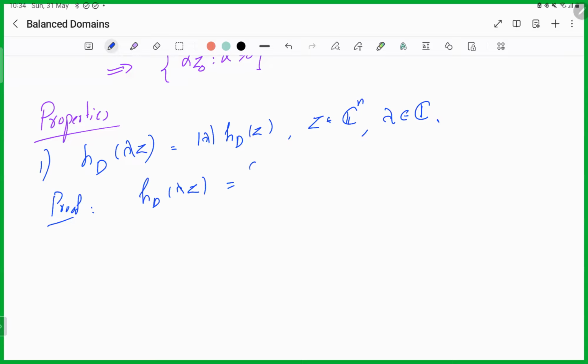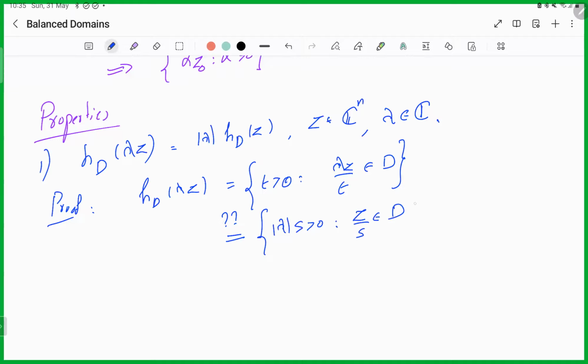H_D of lambda z means the infimum of the set of all t greater than 0 such that lambda z by t belongs to D. We want to show that if we show that for modulus lambda s greater than 0 such that z by s belongs to D, then it is done.